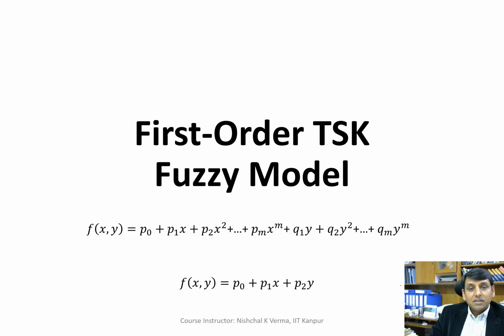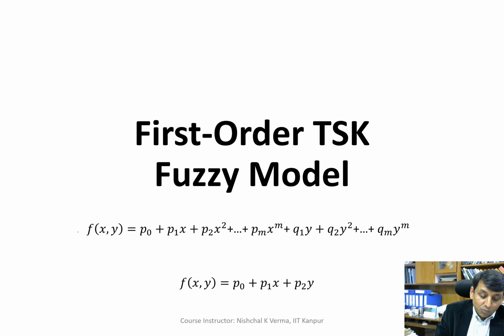Now let us move to the first order TSK fuzzy model. As I have already mentioned, the order is defined here. When we talk of first order TSK model, it means the maximum power of the input generic variables cannot exceed 1.